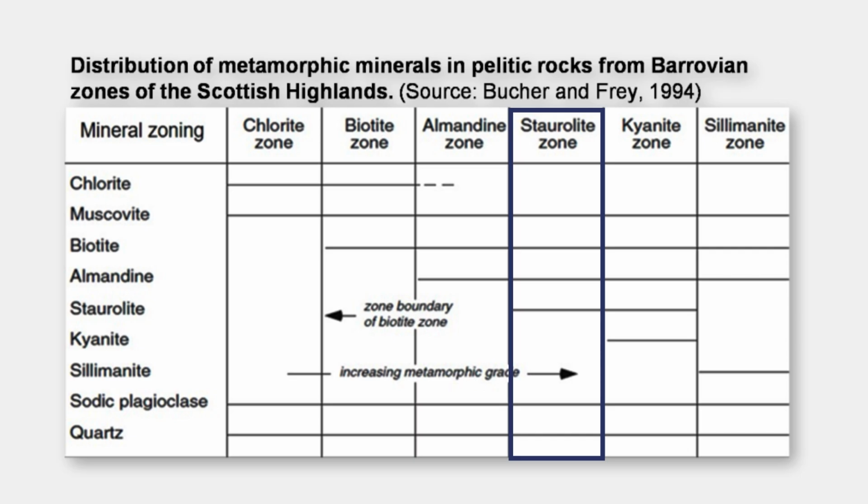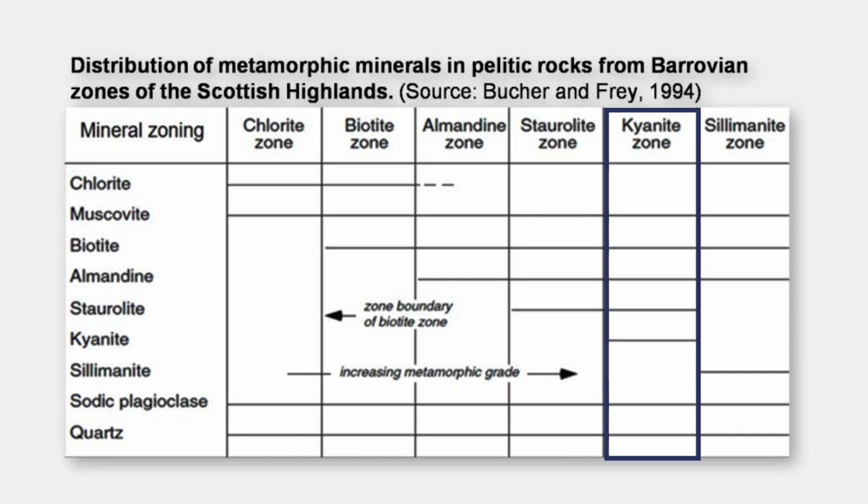In the staurolite zone there is no chlorite as such. Muscovite is there. You may have biotite, almandine, and staurolite. Similarly, in the kyanite zone also, you don't have chlorite, but you have minerals like muscovite, biotite, almandine, staurolite and kyanite.